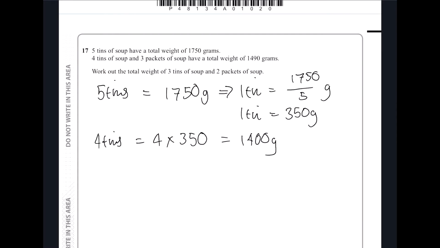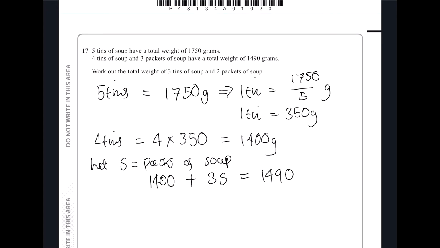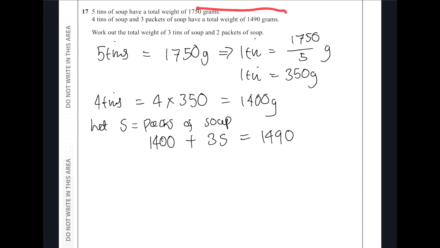And then if we know that, we could put this into our initial equation. So we know that 4 tins plus 3 packs of soup. So what I'll do now is let S be packs of soup. So we know that the 4 tins, which is 1,400, plus 3 packs of soup, so I'll say 3S, equals 1,490. That's what we are told in the second line.